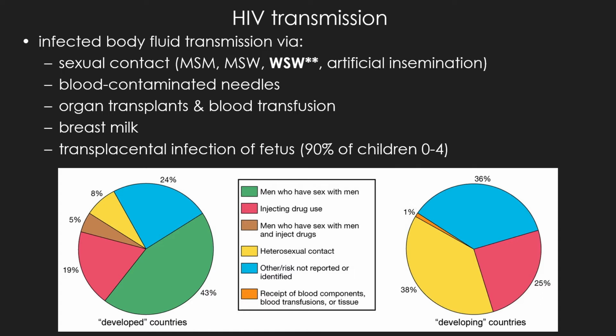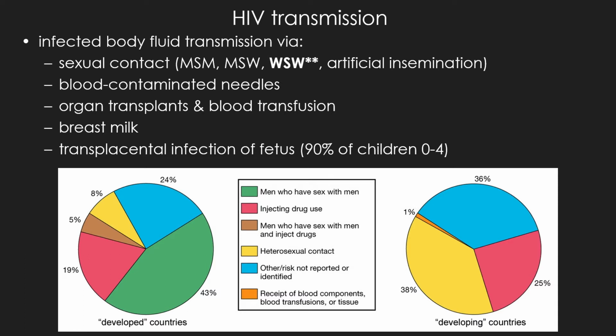So the major take-home message is the body fluid that contains HIV at its highest levels is semen. So anyone who engages in receptive sex and is exposed to semen is at higher risk for contracting HIV. The reason that transmission tends to be higher in individuals who engage in receptive anal sex is because the epithelium of the gastrointestinal tract is much thinner and more likely to tear than the epithelium of the vaginal canal.